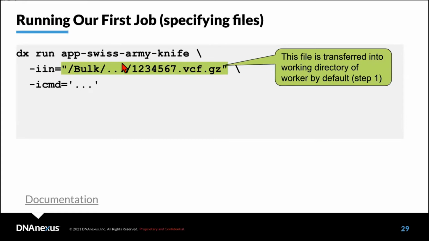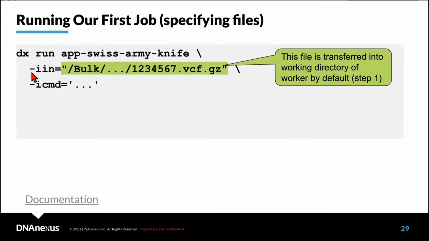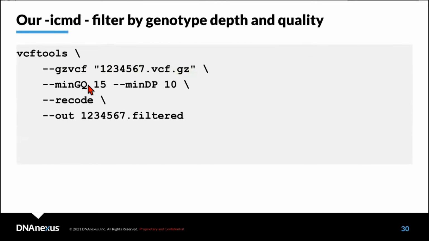But we will be showing it to you in a minute. So our example, our icmd part. Remember the command that we'll be running today is filter by genotype, depth, and quality. So let's go line by line so we know that we understand the command, and then we can focus on how we can use this command specifically on UKB RAP.